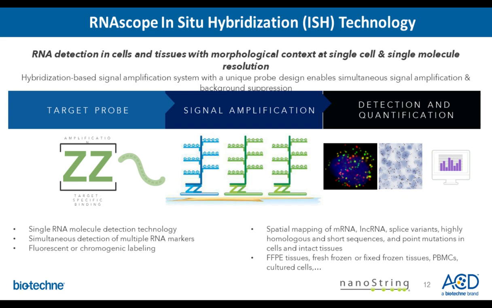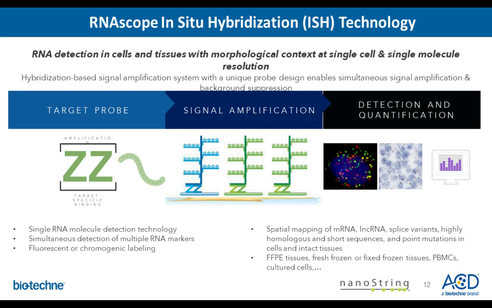The second part is your signal amplification strategy. We have a unique signal amplification strategy that ensures very high signal-to-noise ratio. And lastly, our detection and quantification strategy, which allows you to see a single molecule of RNA as a nice punctate dot. And this is available in both fluorescent as well as chromogenic platforms.